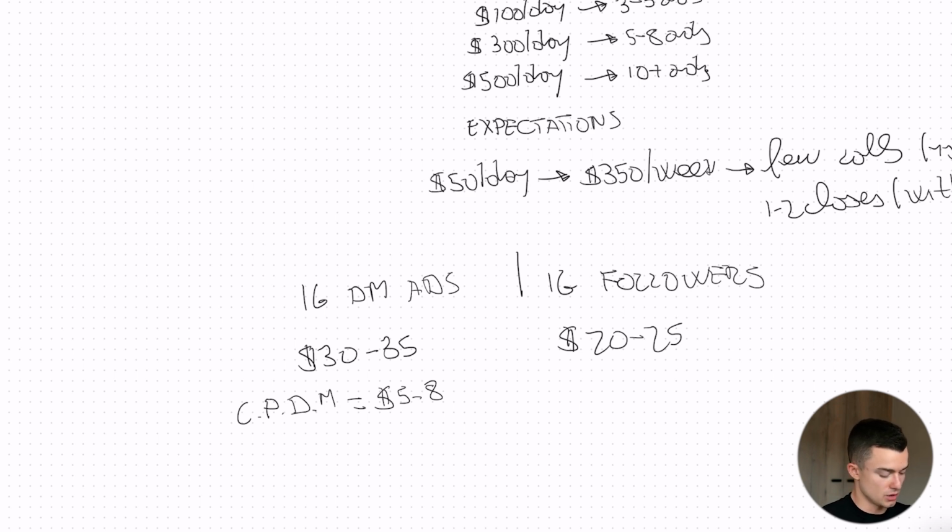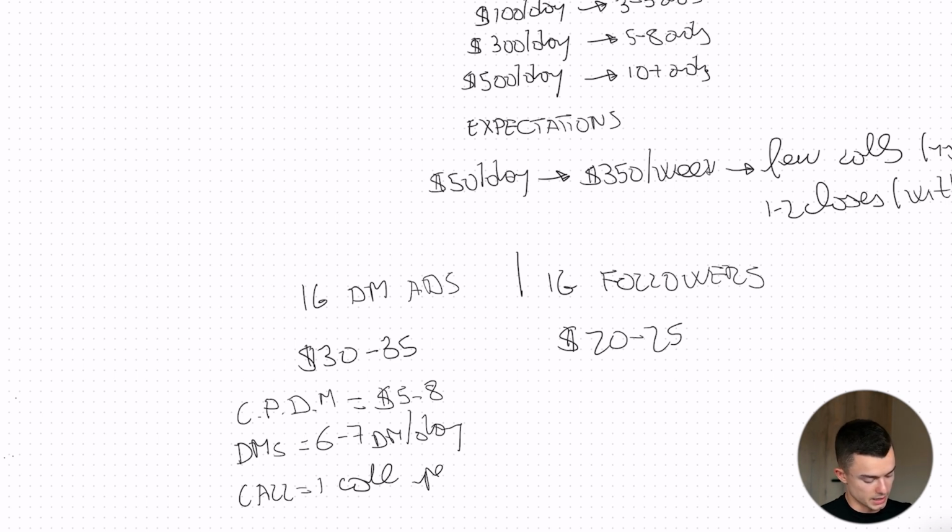That means, let's just divide 45 by 5, you're probably going to be getting 6 to 7 DMs per day. Meaning that, once again, if you do a pretty good job with the setting, you should be able to set with a budget of $30 to $45 a day. Maybe you can even get to the point where you set one call per day already.